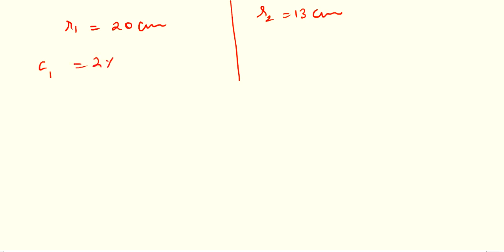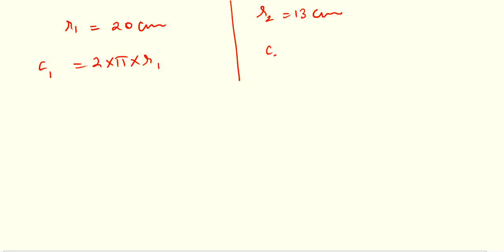Then question number 15. The radii of two circles are 20 and 13. Find the difference between their circumferences. So two cases you have here. The first radius R1 is 20 centimeter, then second R2 is 13 centimeter. First find circumference C1 equals 2 into pi into R1.